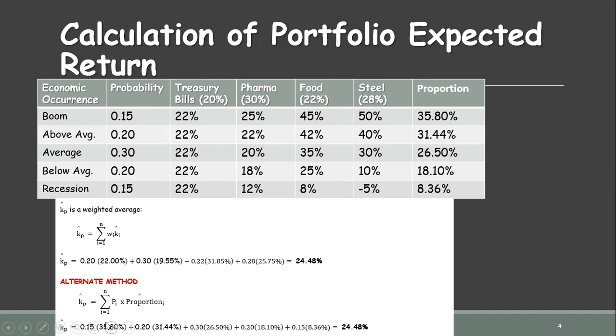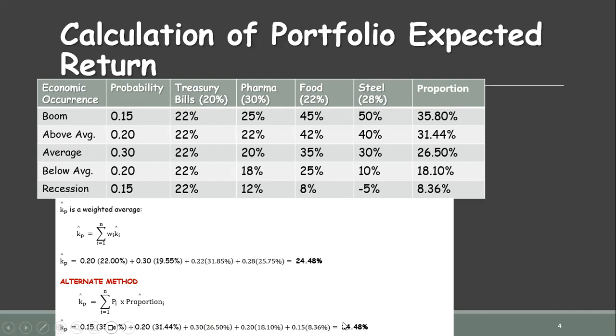Now we calculate: probability 15 multiplied by 35.80, then 20 multiplied by 31.44%, thereafter probability 30% multiplied by 26.5%, probability 20 multiplied by 18.10%, and lastly probability 15 multiplied by 8.36%.